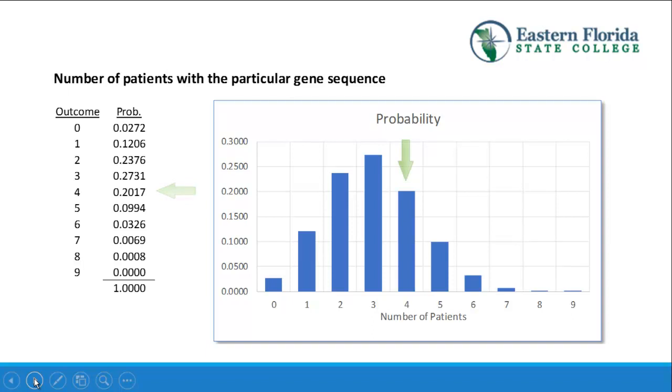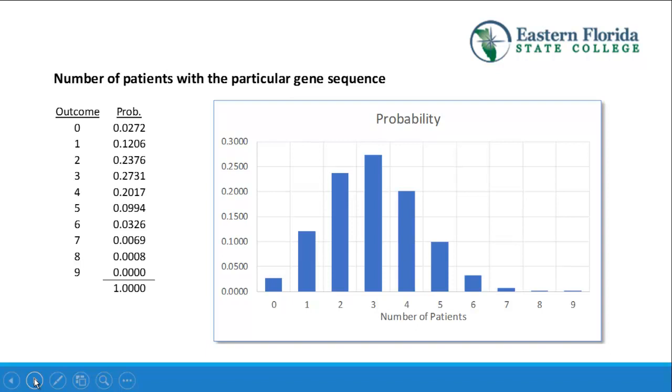Here's also an illustration of the probability distribution for this specific binomial trial. There are 9 patients or trials, so n is equal to 9. We have a probability of 33% of any patient having this gene sequence. Out of 9 patients, if each patient has a 33% chance of having this gene sequence, 33% of 9 is equal to 3.